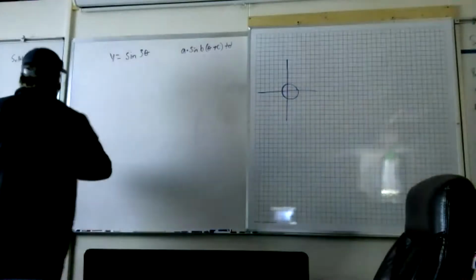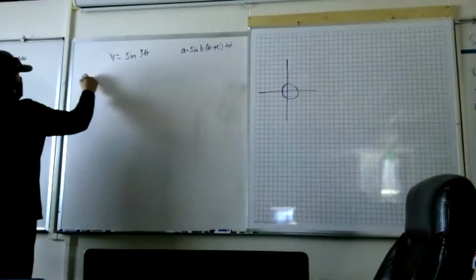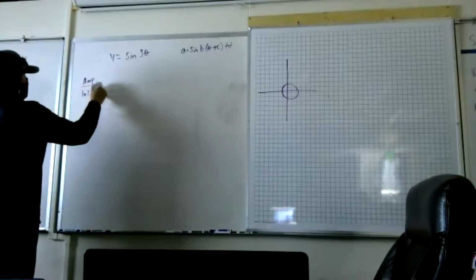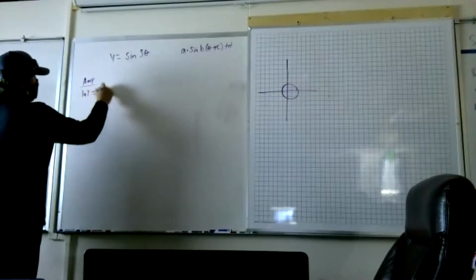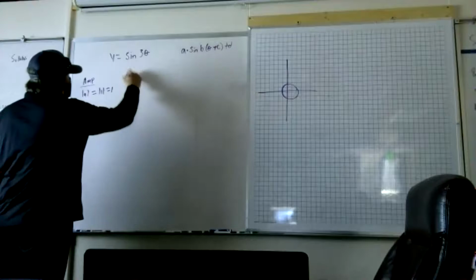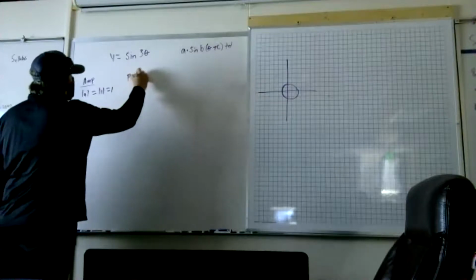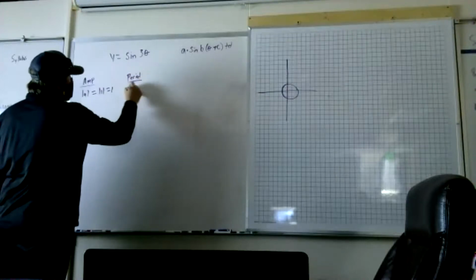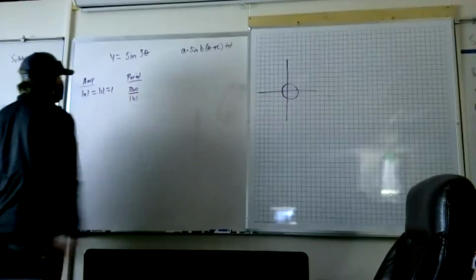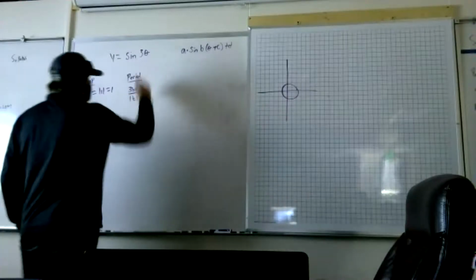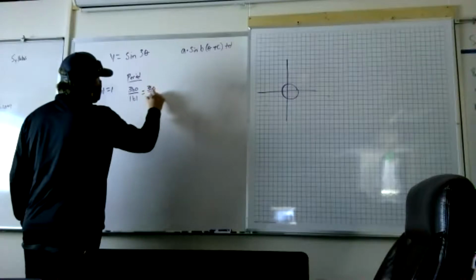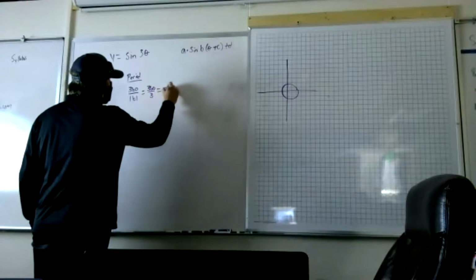So amplitude, once again, is the absolute value of A. Our A value is 1, so that equals the absolute value of 1, or just 1. The period equals 360 divided by the absolute value of B. B is 3, so that's 360 divided by 3, which is equal to 120 degrees.